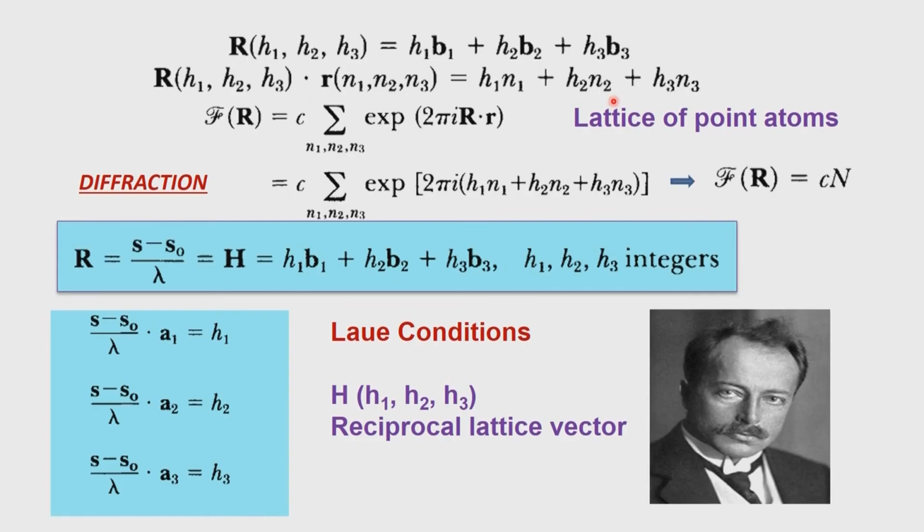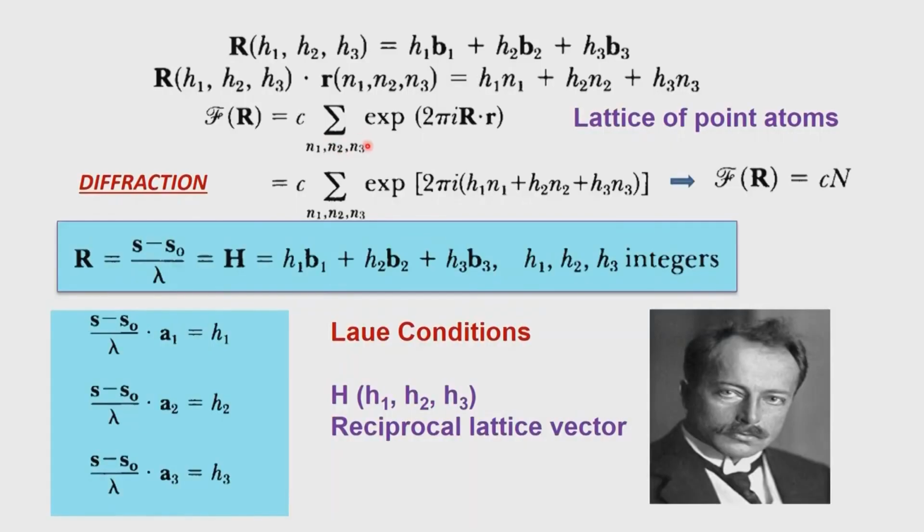So the structure factor F of R, which can be now expressed, see now we will take the total electrons in the unit cell outside, total number of electrons, which is equal to the total count of the number of electrons associated with all the atoms in the structure. Okay, total count is C. Then sum it over n1, n2, n3, sum over all values of n1, n2, n3.